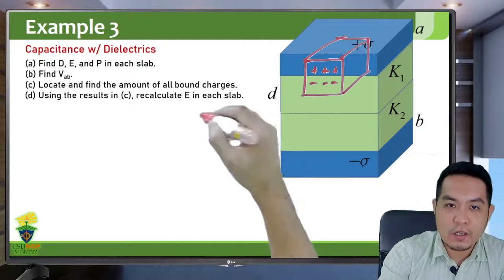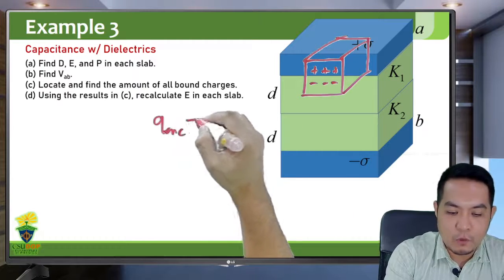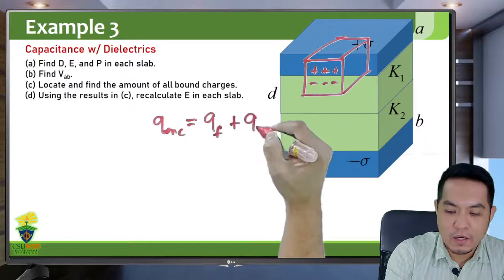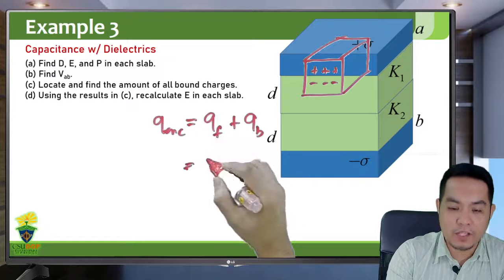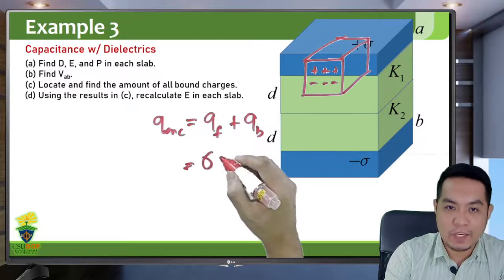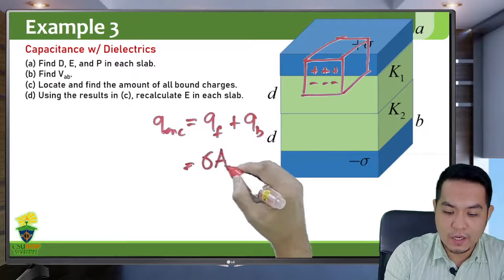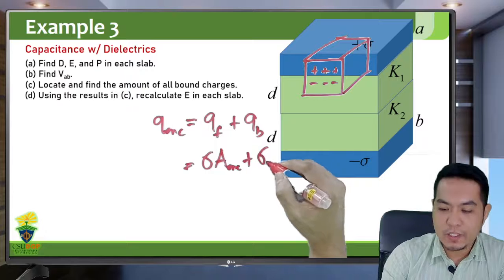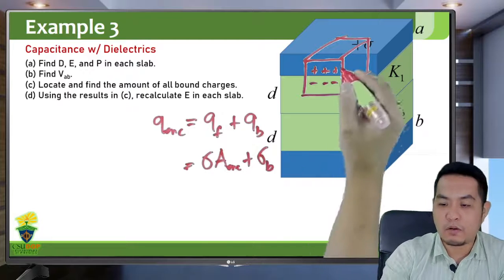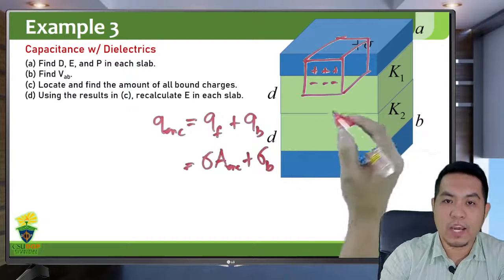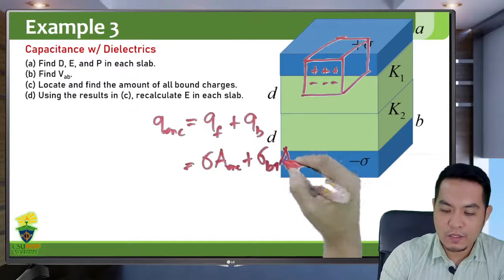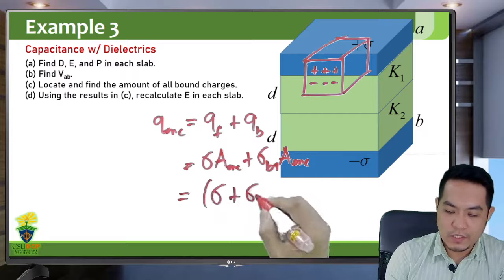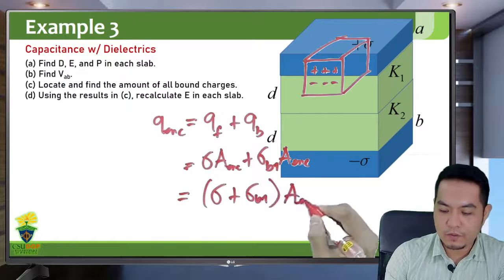So the charge enclosed is due to the bound charges plus the free charges. The free charge is just sigma times the area enclosed, and the bound charge, since this is dielectric 1, is sigma b1 times the area enclosed, or just sigma plus sigma b1 times A enclosed.